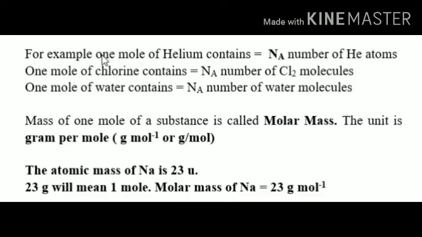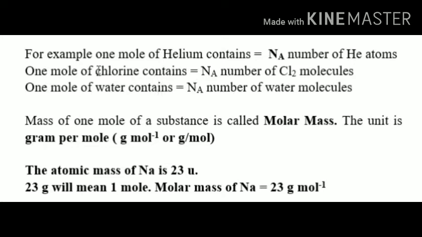So if I take 1 mole of helium, it contains Avogadro's number of helium atoms, because the constituent particles of helium are helium atoms. Similarly, if I take 1 mole of chlorine, the constituent particles of chlorine are Cl2 molecules.